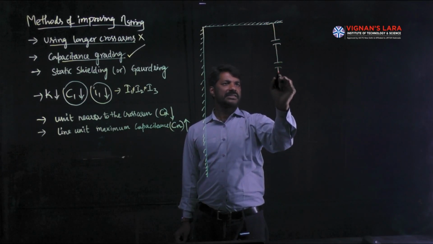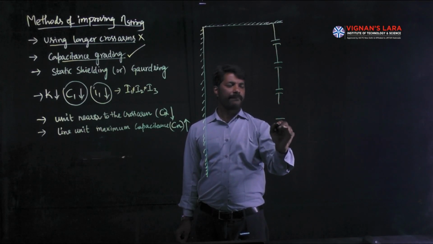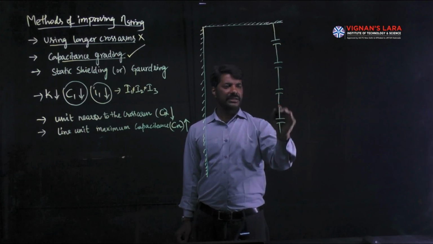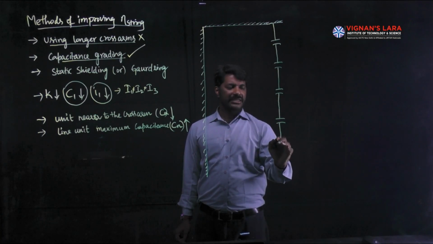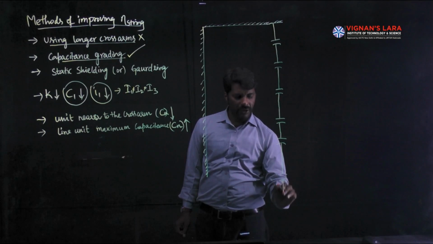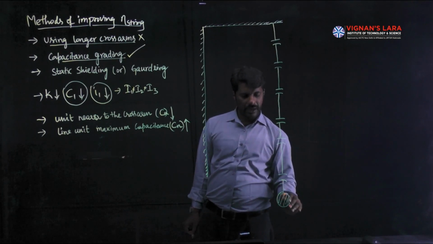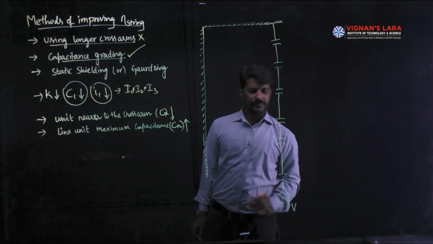First one, second one, third one, and so on, x point, x plus 1 point, extended up to the line unit called nth insulator, and the conductor is operating at a voltage of V volts.